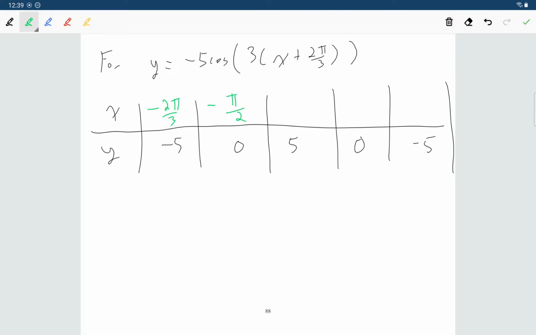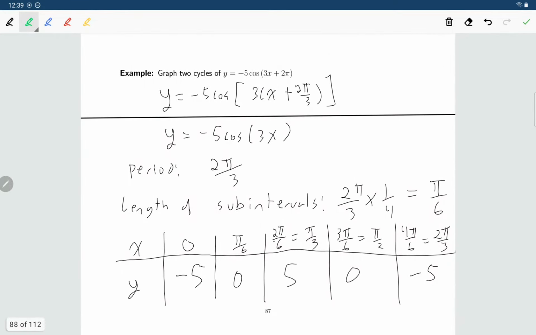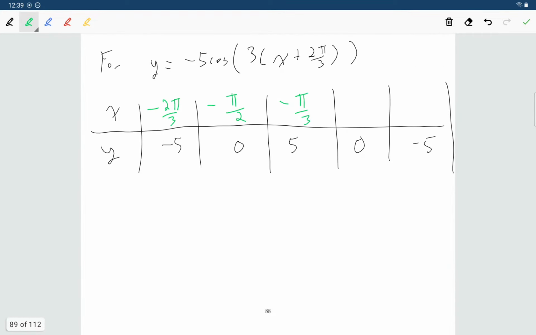Pi over 3 minus 2 pi over 3 is negative pi over 3. Then finally we had pi over 2. Pi over 2 minus 2 pi over 3 is negative pi over 6. And the last one, which was 2 pi over 3, minus 2 pi over 3, is 0.